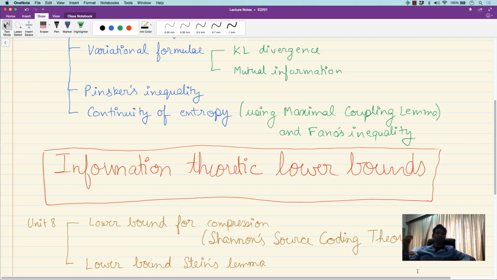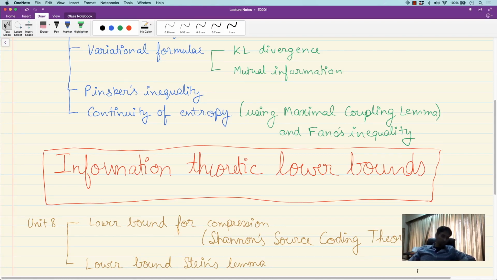We already earlier in the course saw a scheme, the log likelihood ratio test, which gives you this exponential decay. And now what we derived in the last lecture of the previous week was a matching lower bound for Stein's lemma.